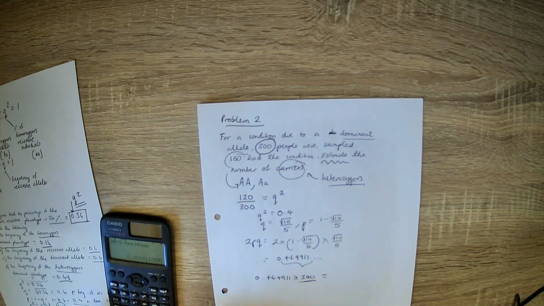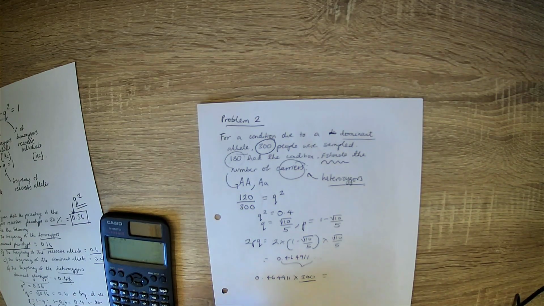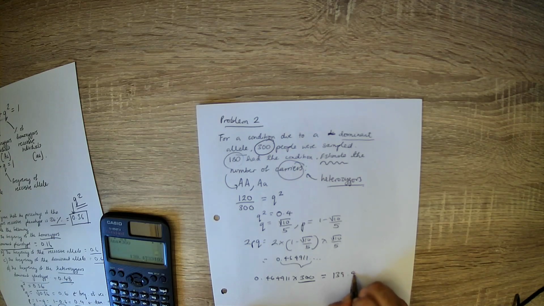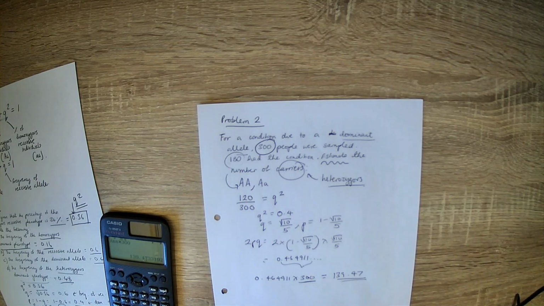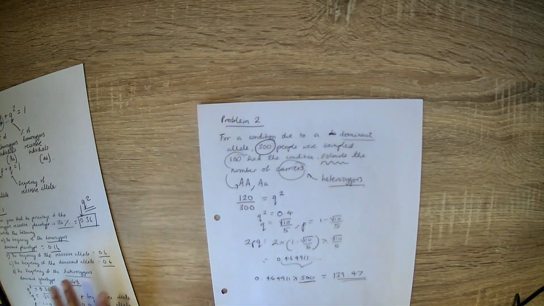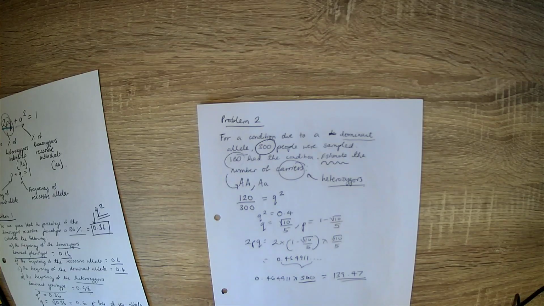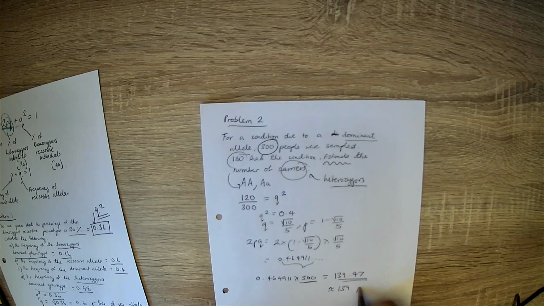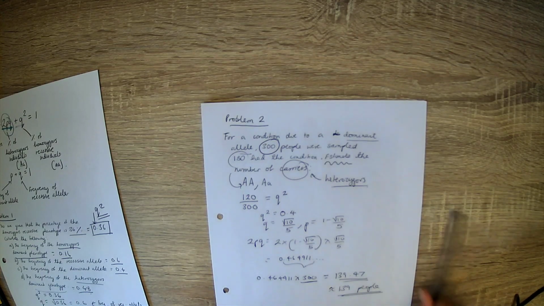So timesing this by 300 gives you 139.47. Now I could either round this up or down. That's entirely dependent on the requirements of the question, but I'm going to say basically 139 people are carriers, and we're done.